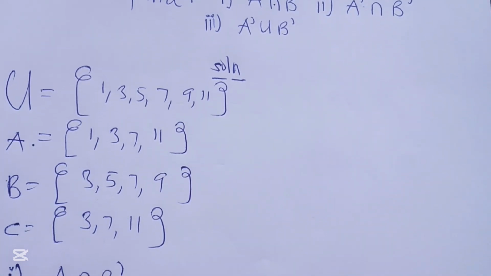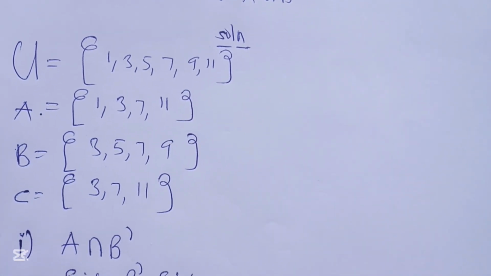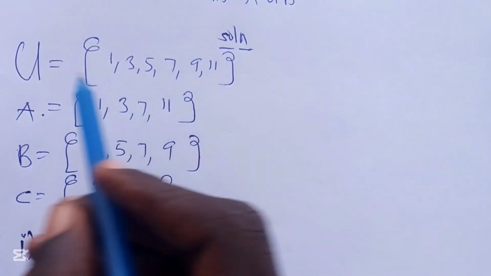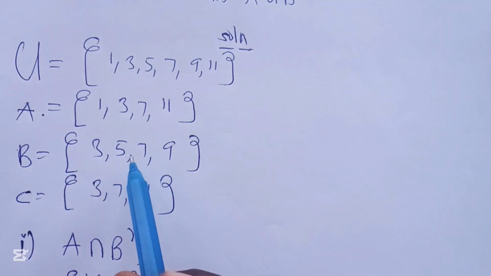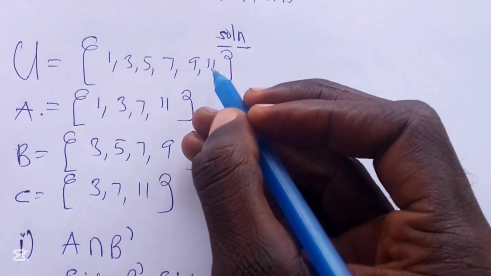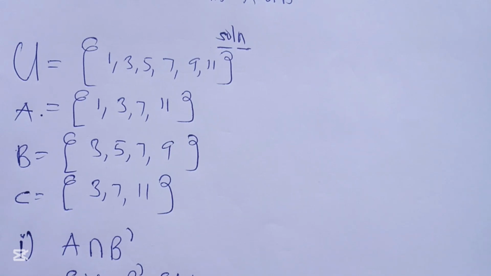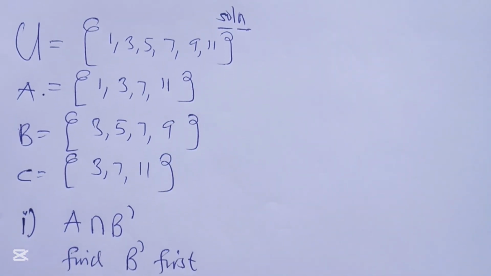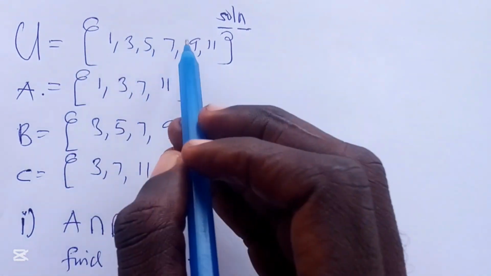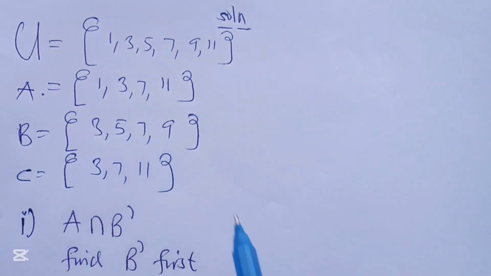Finding B complement is like finding what is inside the universal set that is not in B. That is 1 and 11. They are not in B set. This is B set and this is the universal set. What is inside this that is not in B set? That is 1, 11.